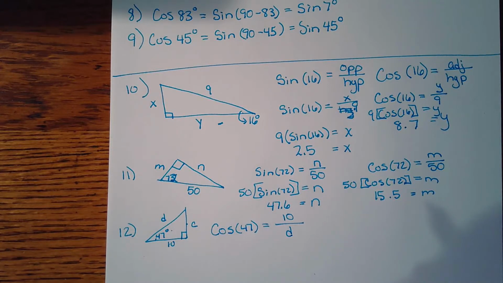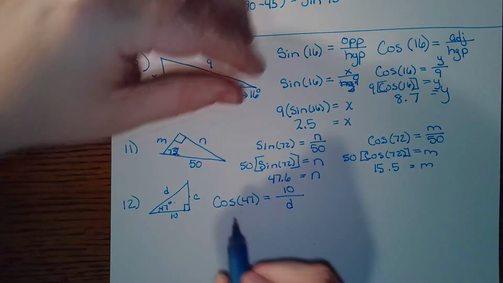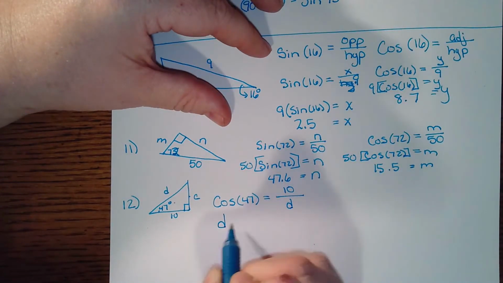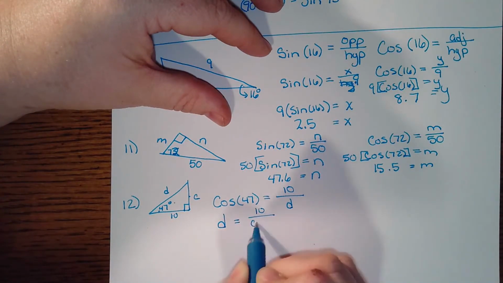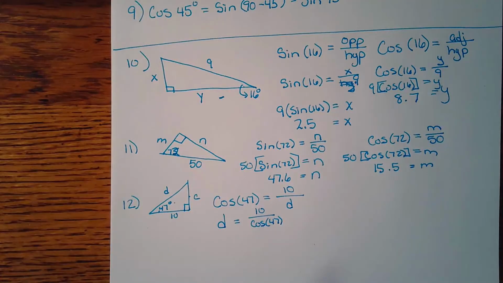Now this time with the hypotenuse, you're going to notice that we are going to have to multiply the d up and then divide by cosine 47 down below. So it's going to require a rewrite. Really this is going to be d equals 10 over cosine 47. So instead of multiplying the two of them, we're going to divide them.